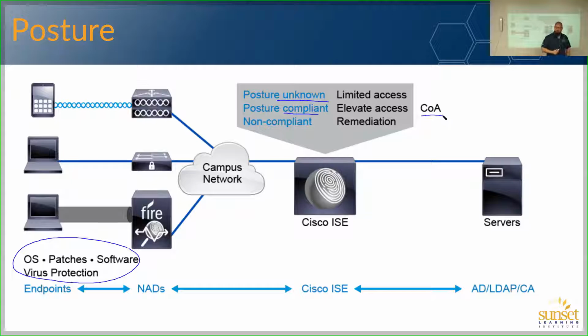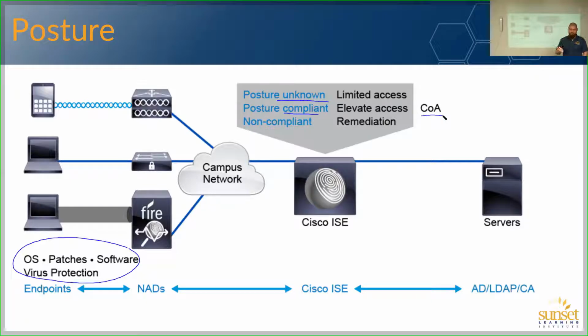Anyone remember what COA stands for? I know not everybody has their mics here. I usually teach the Identity Services Engine training. When I get to slides like this, I like to go back to what we talked about on Monday. But COA, change of authorization, where we're sending that COA, either RADIUS or SNMP messaging, down to the network access device, and we're updating the authorization level on that port or on that wireless LAN connection.